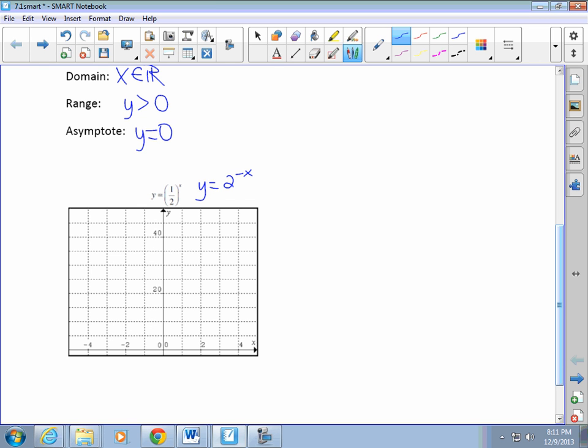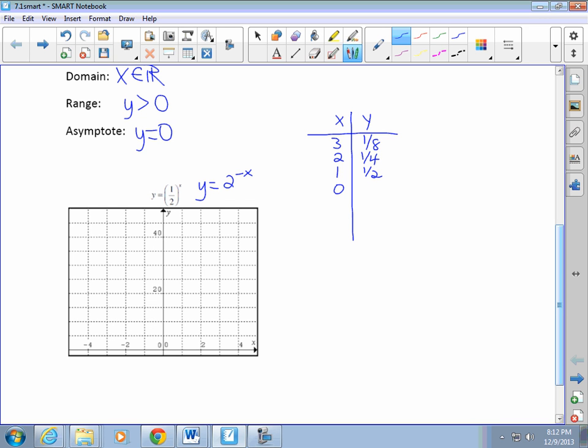That just makes it a little bit easier to do some of your solving. So if I try with the table of values here, if x is a 3, I have 2 to the power of negative 3, that's 1/8. If I try a 2, 2 to the power of negative 2 is 1/4. 2 to the power of negative 1 is 1/2.